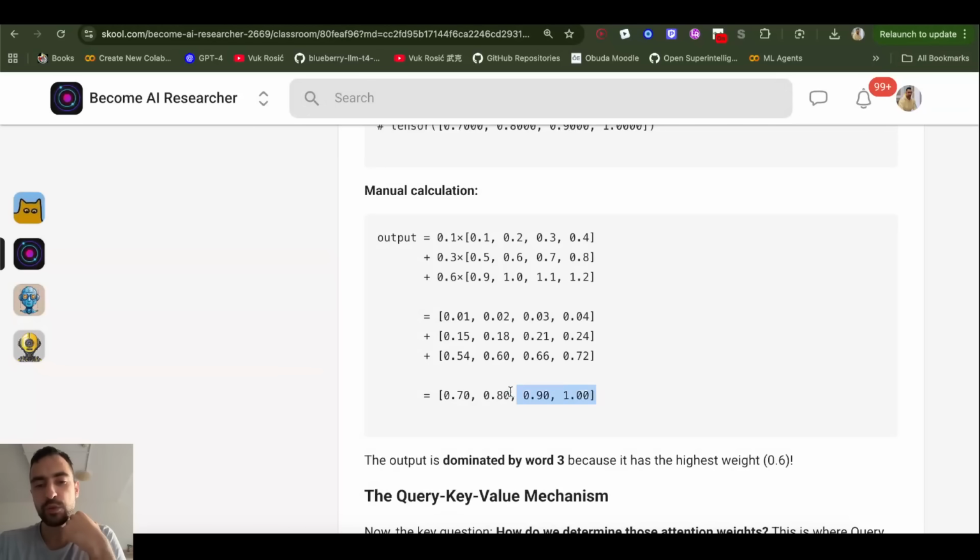And now this output will be dominated by this third vector, because you see these values are very small because our weight is 0.1. And these values are going to be biggest because our weight is 0.6. So the output will be dominated by this because it has a large weight.